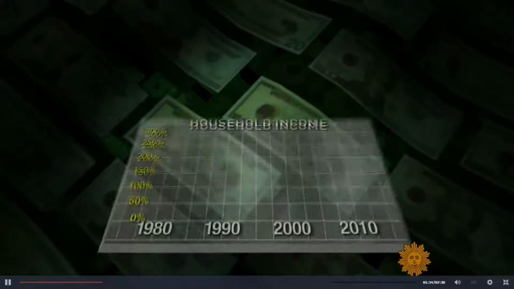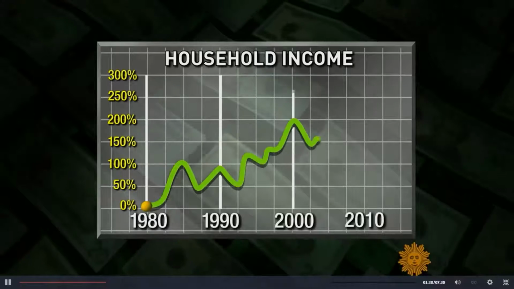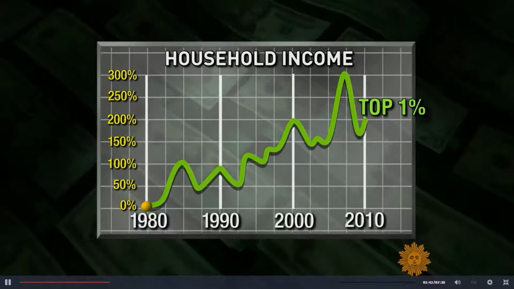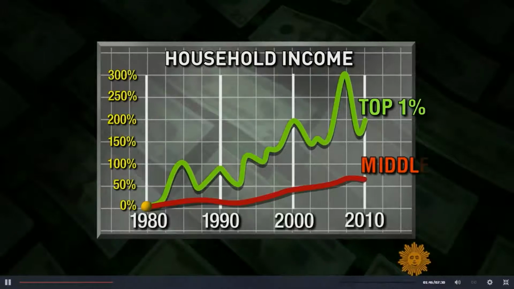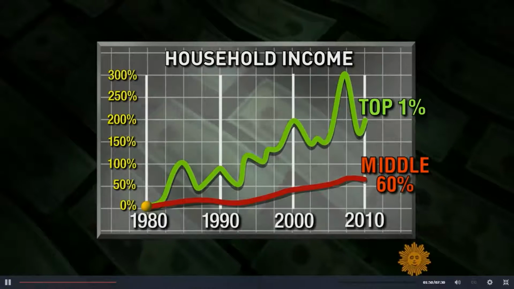A glance at incomes tells the story. Since 1979, a 200% rise for the top 1%ers. The gap with everybody else widening, especially for middle-income households earning between $42,000 and $82,000.